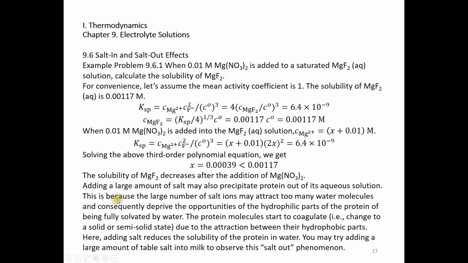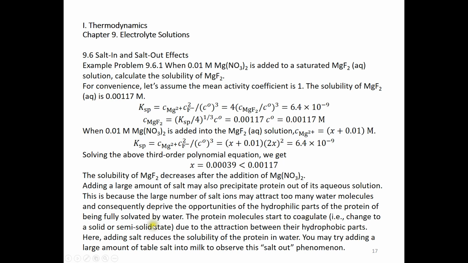But now if you add a very large amount of salt into the aqueous solution of protein, then the large number of salt ions may attract too many water molecules away from protein, and that's going to deprive the hydrophilic regions of the protein of the opportunity to be fully solvated. And then the protein molecules will start to coagulate.